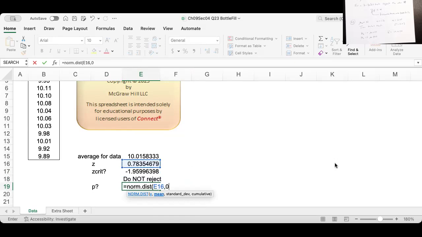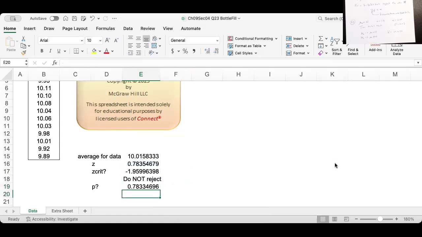The mean is 0, the standard deviation is 1. And I want the cumulative, using the CDF. Is that smaller than 0.05? There you go.